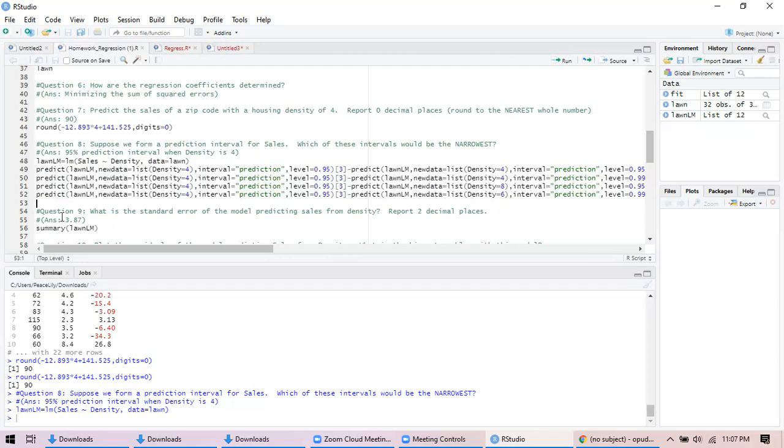So let's look at line 49. Just copy line 49, but not the whole line. Just copy up to 0.95, up to the parentheses next to the 0.95.